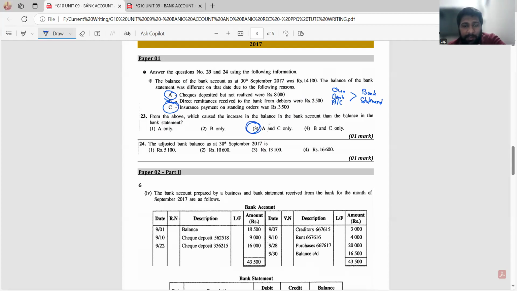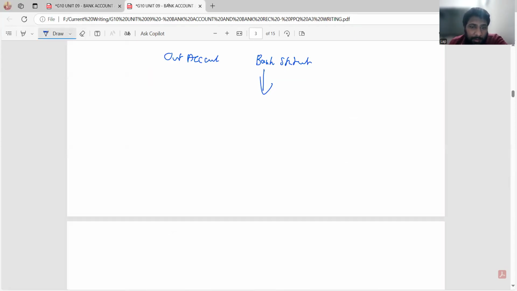Next, they ask for the adjusted bank balance as at 30th September 2017. Here we had a balance of 14,100, which is an incorrect balance. Then we have to find the correct balance. So let me prepare the account here. Adjusted bank account.